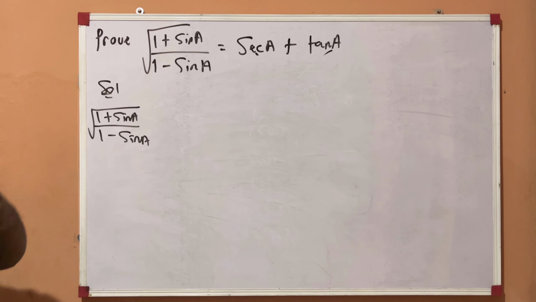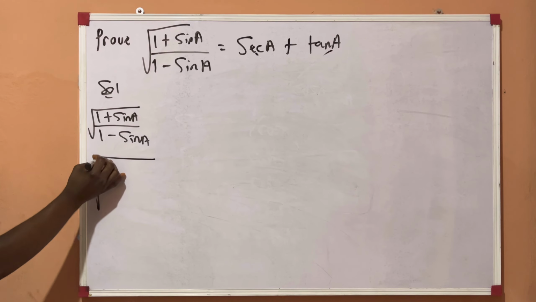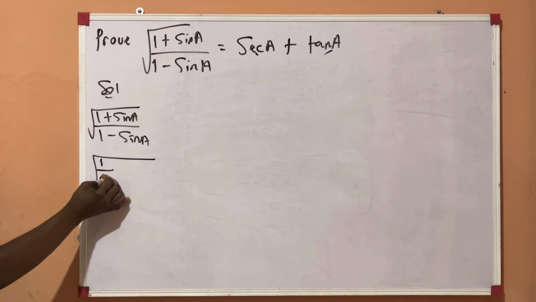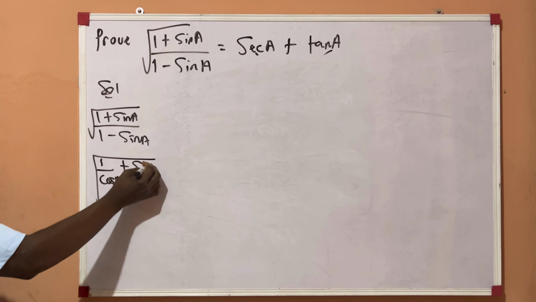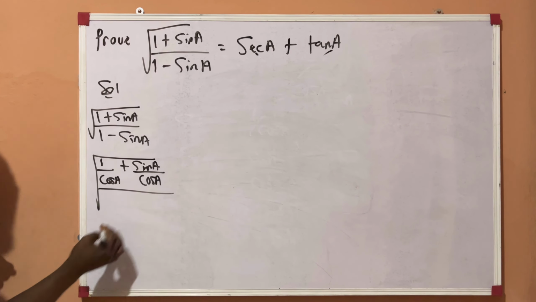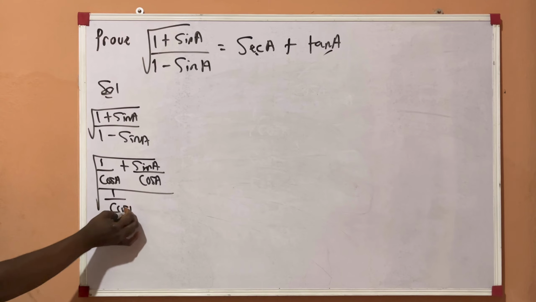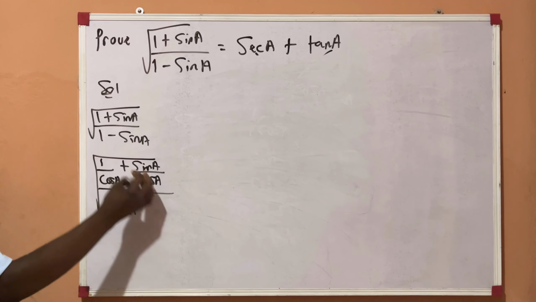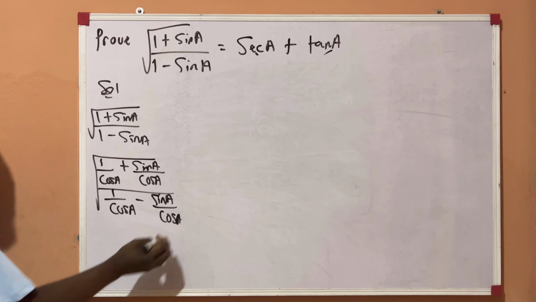So now let's divide all through by cos A. A bigger square root. So I have 1 over cos A plus sine A over cos A, all over the denominator now. Again, 1 over cos A minus sine A, also over cos A.